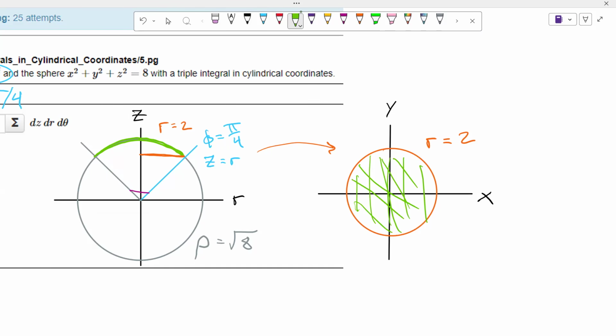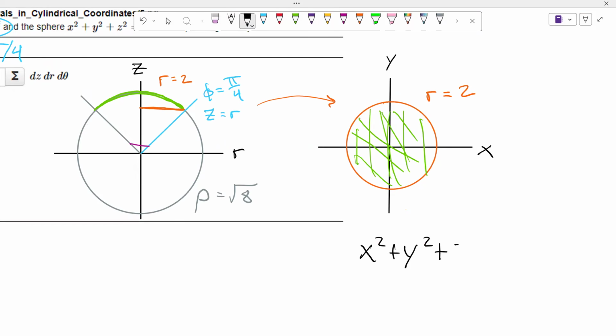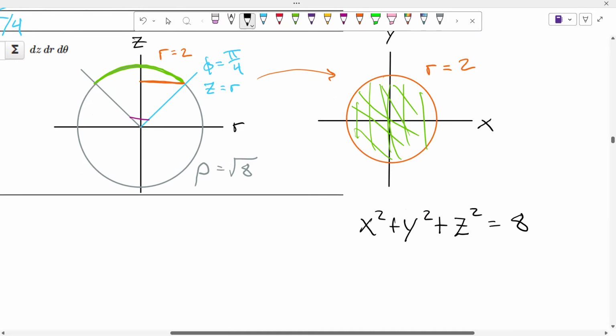So the way we come up with that equation, again, I want the intersection of the sphere and the cone. The cone, I know, has an equation of z equals r. So z squared is just r squared. I get that from the cone itself. Right?